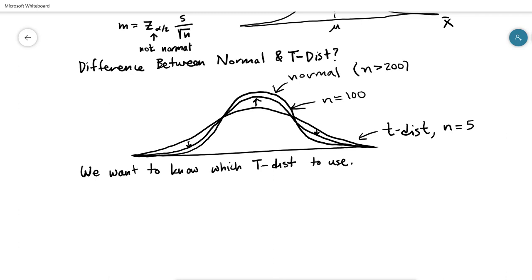And to do that, we need to know the degrees of freedom.